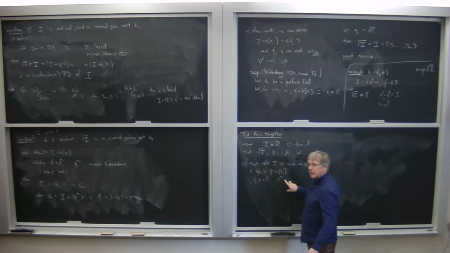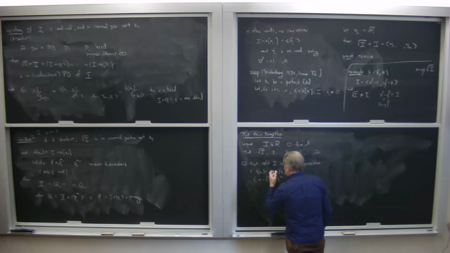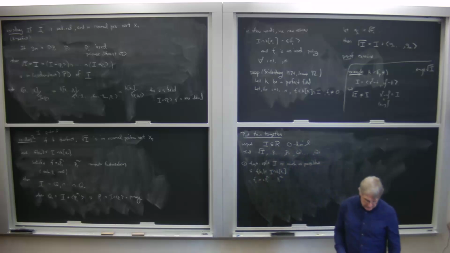Each i will have a different polynomial, usually. Then certainly, if I'm interested in the radical of I, I can just replace this with the product of all these things.